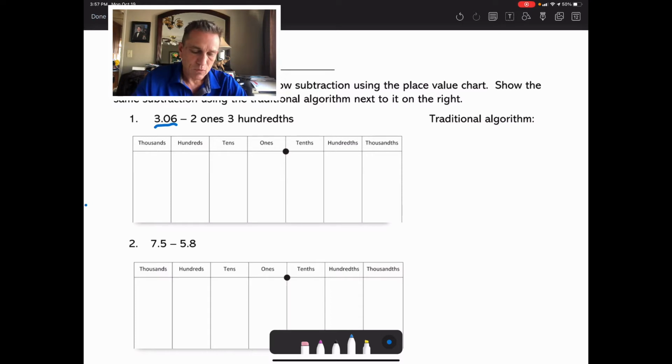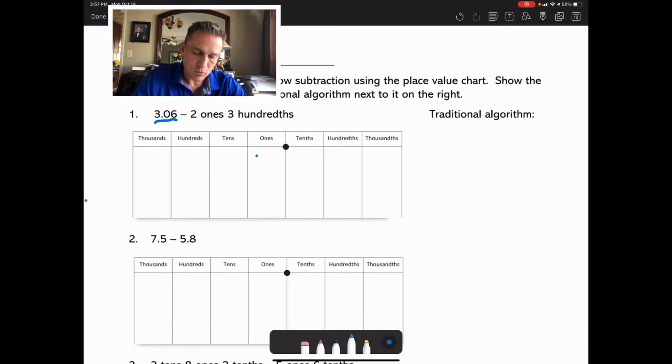So we have 3 ones, so I'm going to put 1, 2, 3 ones, and 6 hundredths. So we're going to do 1, 2, 3, 4, 5, 6 hundredths.